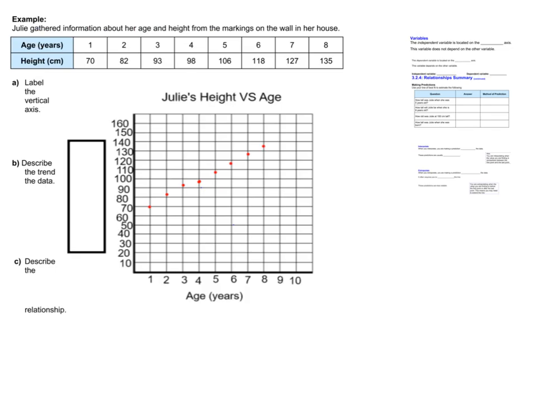So let's turn to page 9, and if we look at Julie's height versus her age, you can see that it asks you here in question A to label the vertical axis, then describe the trend of the data, then describe the relationship. Well, we can already see that they have labeled the x-axis.